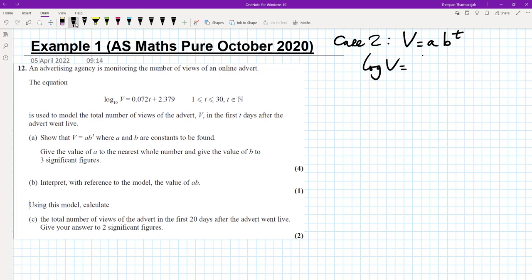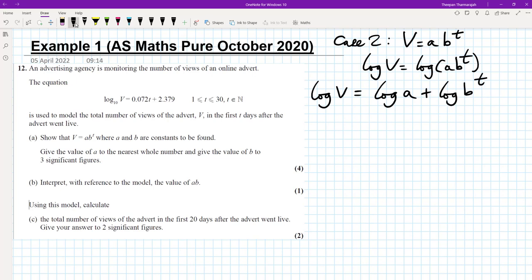So it's log v equals log of ab to the power of t. Applying the laws of logs, that gives log a plus log b to the power of t, which is log v is log a plus t times log b.